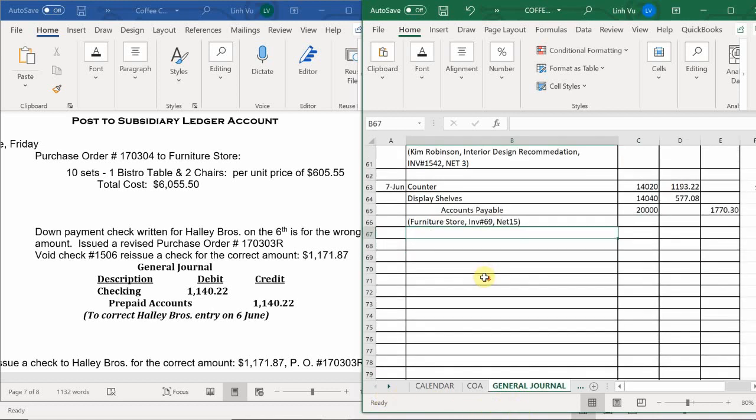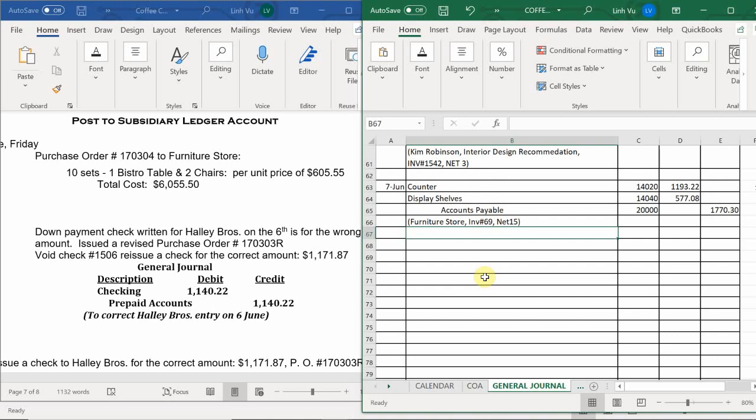Okay. So again, a purchase order is not a real transaction. All we do is just simply do an order. All right. Yep. So then what happened next? Down payment check, right, for Harley Bros. Is it the $1,000? Oh no, was it from before, no?